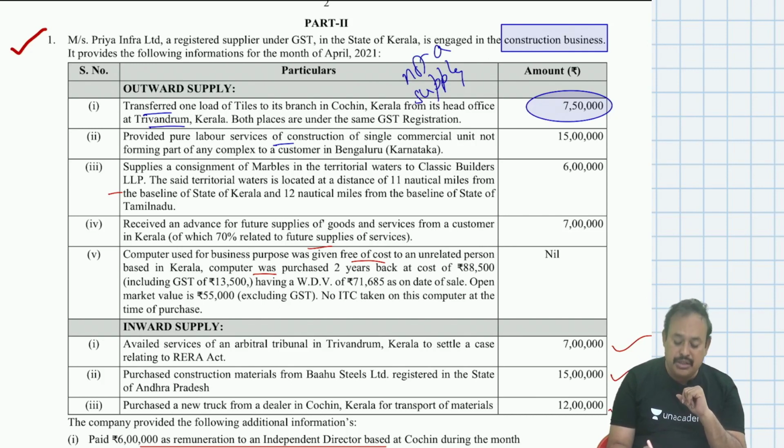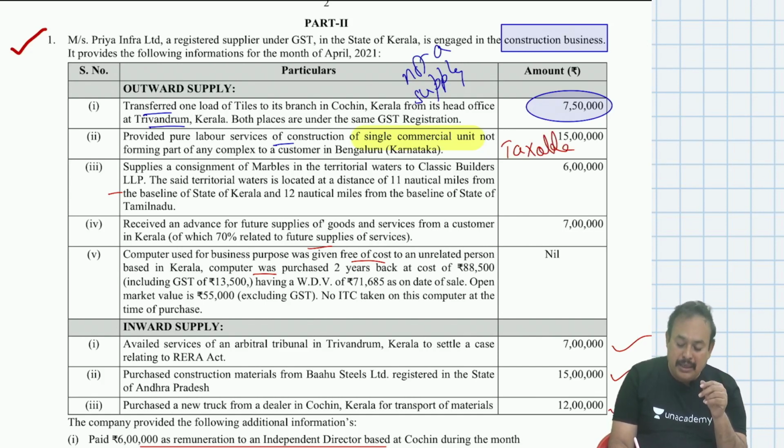Since it is a commercial unit, pure labor services are taxable. Where did they provide the services? From the state of Kerala in the state of Karnataka, Bangalore. Therefore, it is a taxable supply.